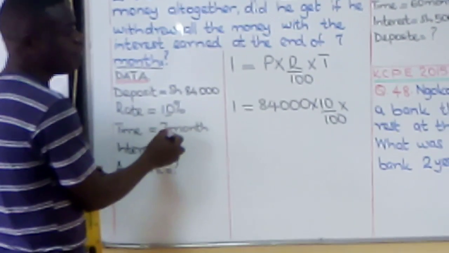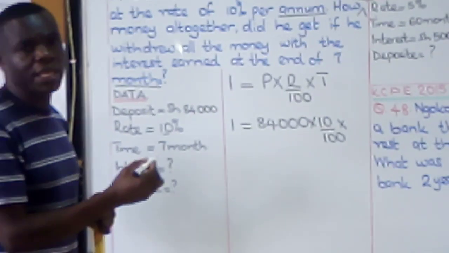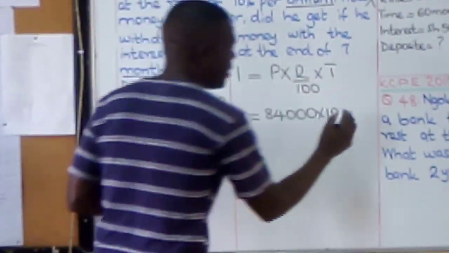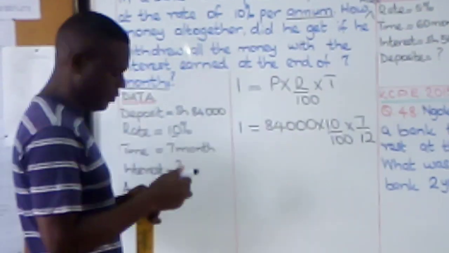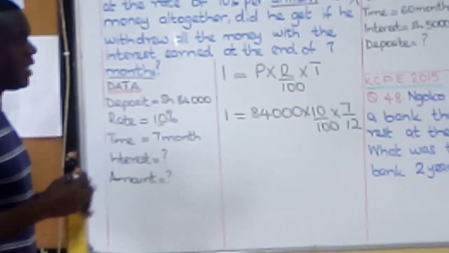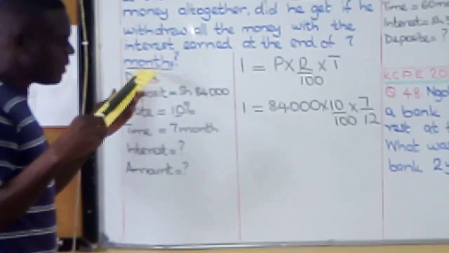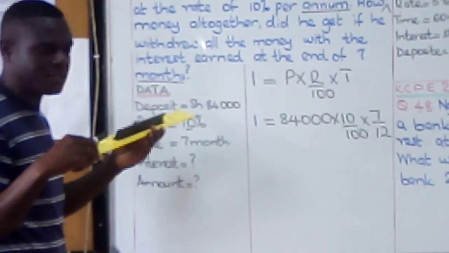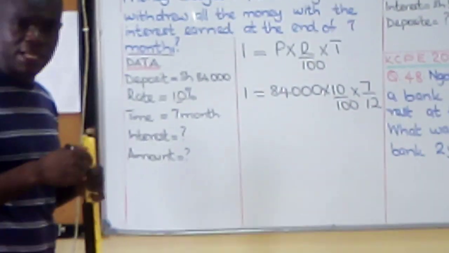Time is 7 months. And so we put it over 12 months to make it a year. So it's 7 over 12. I hope you now understand why we are putting it over 12. Yes? The rate is per annum, but the time is given in months. So we must convert months into years. Right? 12 months make 1 year.